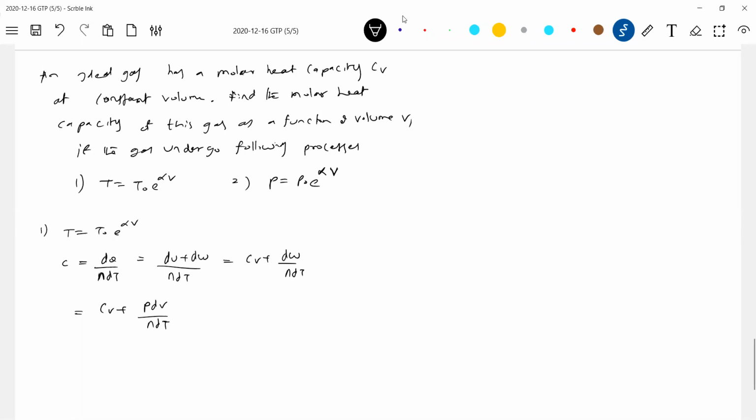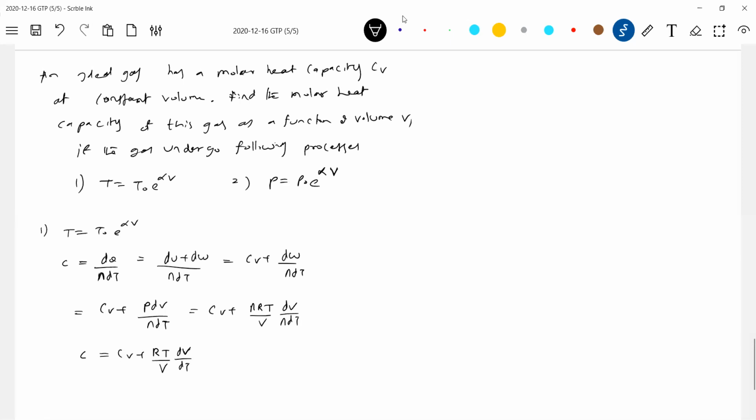Okay, let's try to replace dV, dT, and P with suitable equations. Then we'll carry on. So further, this will become Cv plus, from the ideal gas equation PV equal to nRT, P equal to nRT by V, so nRT by V dV by n dt. So n gets cancelled, Cv plus RT by V dV by dT. Let's see what all I can get.